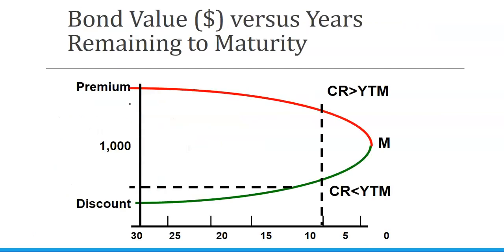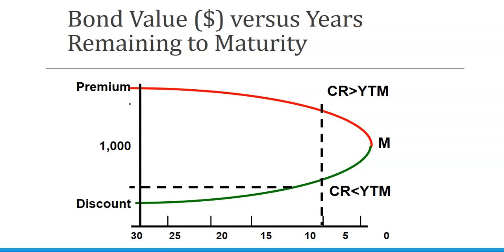As we can see from this, there's bond value versus the years remaining to maturity. This looks at the coupon rate versus the yield to maturity rate when we're talking about a bond over a 30-year period, and looking at that inverse relationship between the coupon rate and the yield to maturity and the interest rate risk, about how much interest rate risk there is.